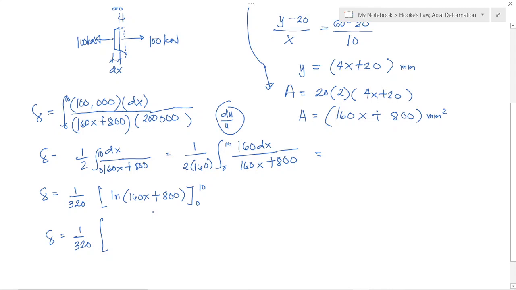That will be equal to ln of, since 10 yung upper limit, so you have 1,600 plus 800, that is 2,400, less ln of the lower limit.